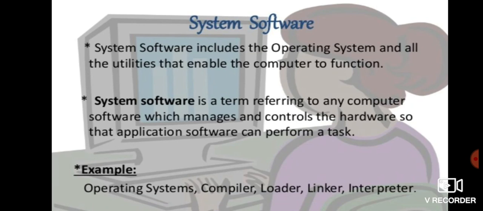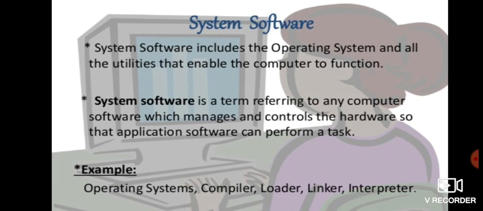System software is a term referring to any computer software which manages and controls the hardware so that other application software can perform a task.